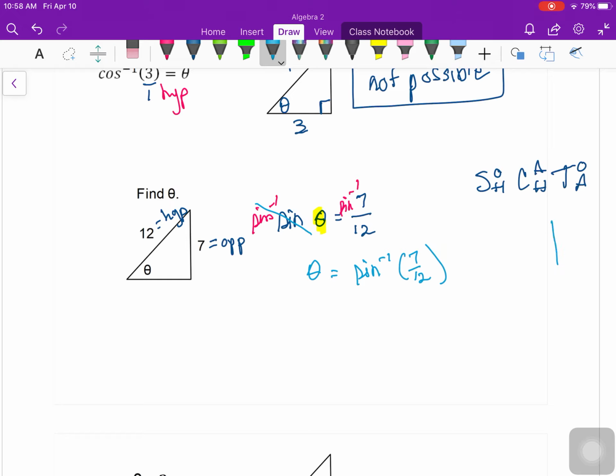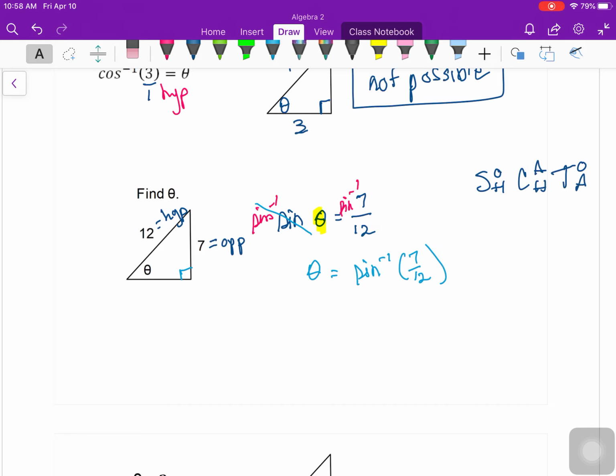Well, if I would draw my triangle, which I have right here, 7/12 is not any of the special triangles, not a 45, 45, 90, not a 30, 60, 90. So I have no choice but to punch this in my calculator. Sine inverse, so you're going to go second sine of 7 divide 12.